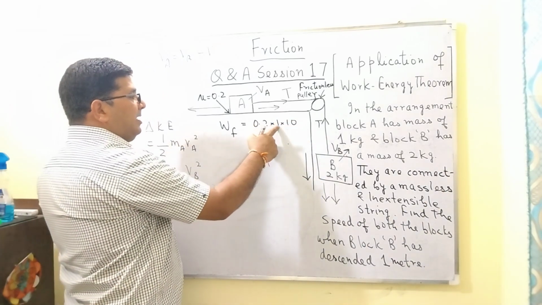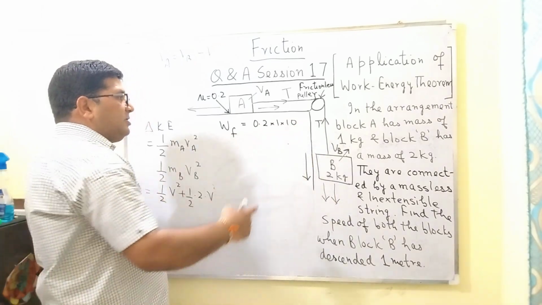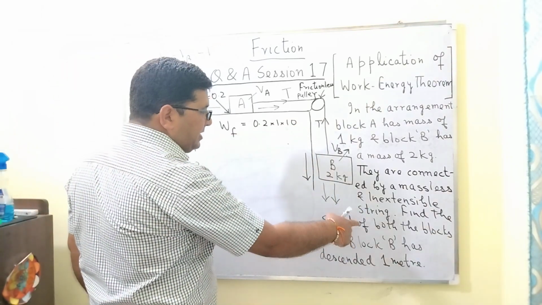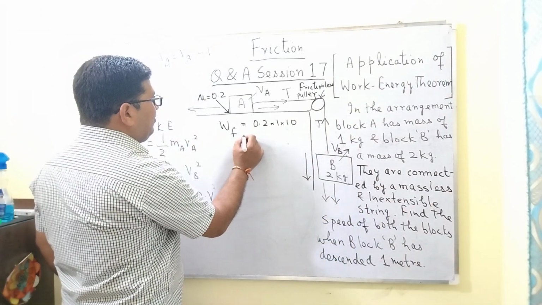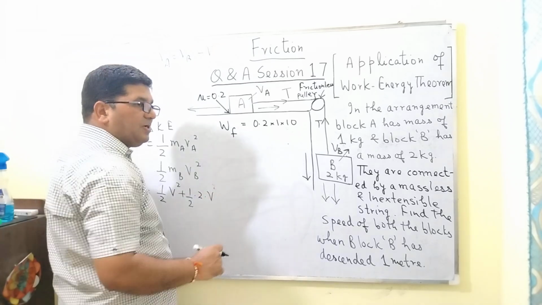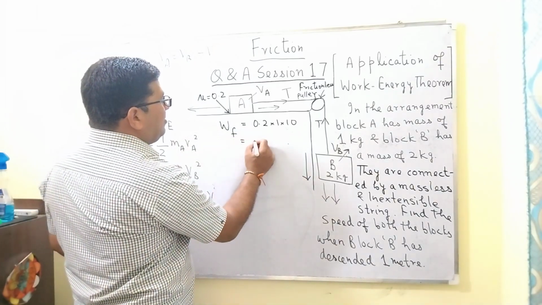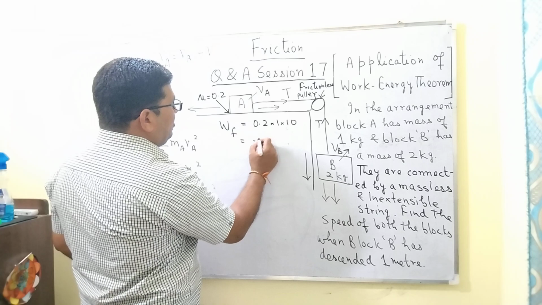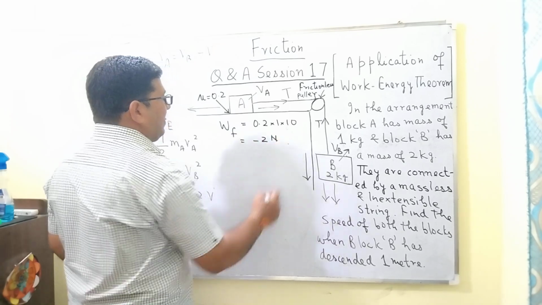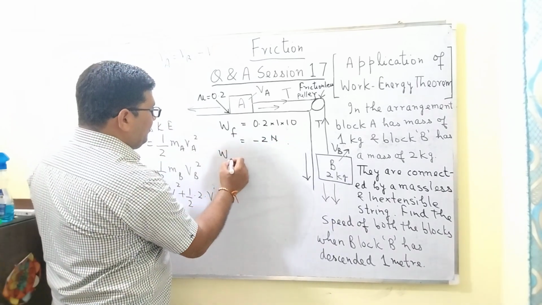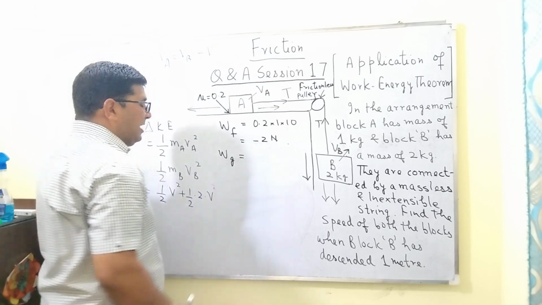So mu m g into the displacement. Here the displacement is equal to 1 meter. So this is the work done due to the frictional force, and this will be equal to minus 2 newtons.